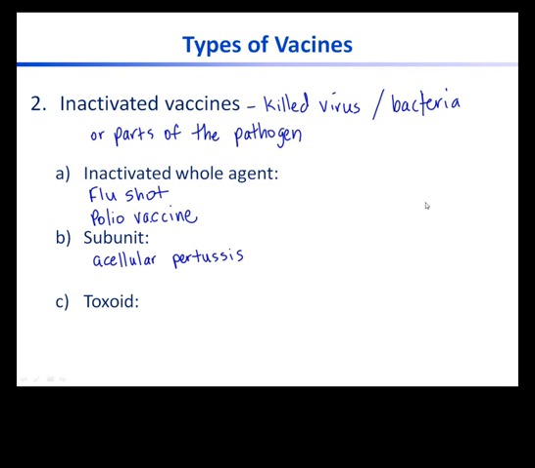Many of the more recent vaccines are subunit vaccines. The hepatitis B vaccine is formed from surface proteins from this virus. Gardasil, which protects against HPV, this causes cervical cancer and genital warts, is also a subunit vaccine.